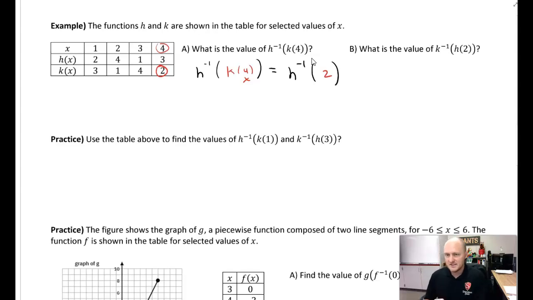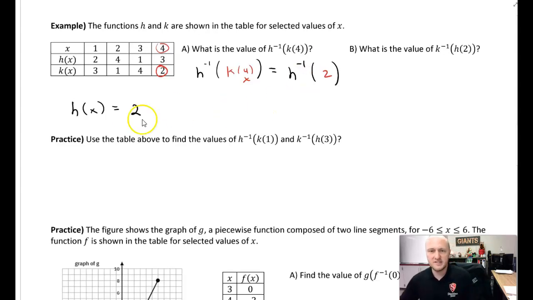And again, this is the same thing as saying, when is h of x equal to 2? What's the x value that gives me an h value of 2? So we can go to our table here, and I have h is 2 here. Okay, and that input value is going to be 1.